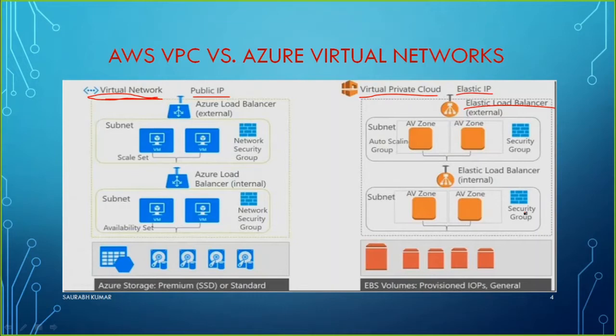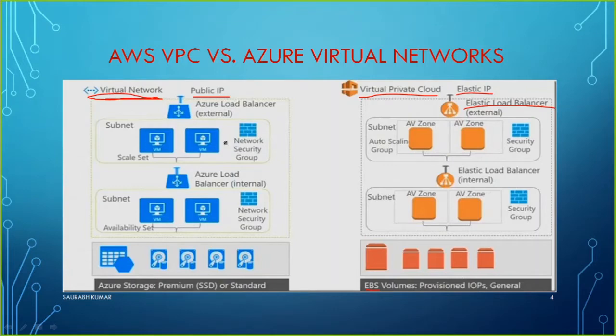Like the way you have seen, whenever we create any instance, we add it with the security group, and that security group tells what are the ports you want to keep open, what are the ports you want to keep blocked. Thereafter obviously here also we have the Azure storage. There also we have the AWS storage which we are calling EBS, elastic block storage volumes.